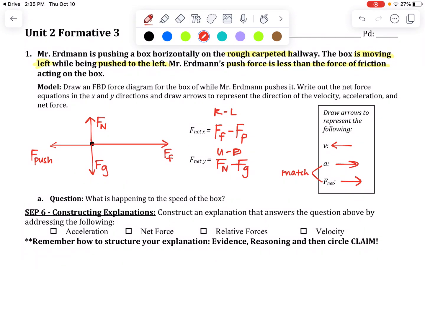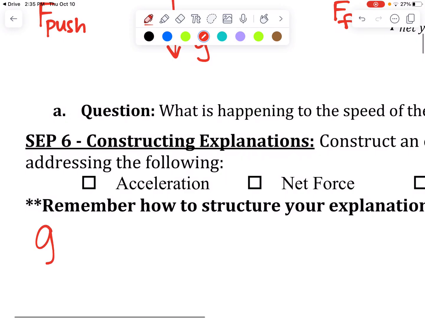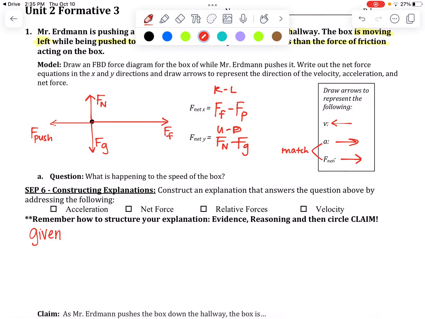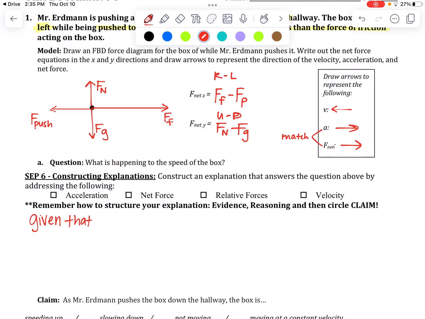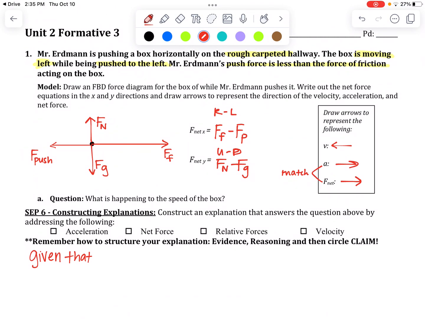So what I'm going to write is that it's given that, and I'm going to look at the prompt to ask myself, does the prompt tell me about acceleration? I don't see the word acceleration at all, so I'm not going to start with acceleration. Does the prompt tell me about net force? I'm not going to write that because I don't see the word net force at all in the prompt.